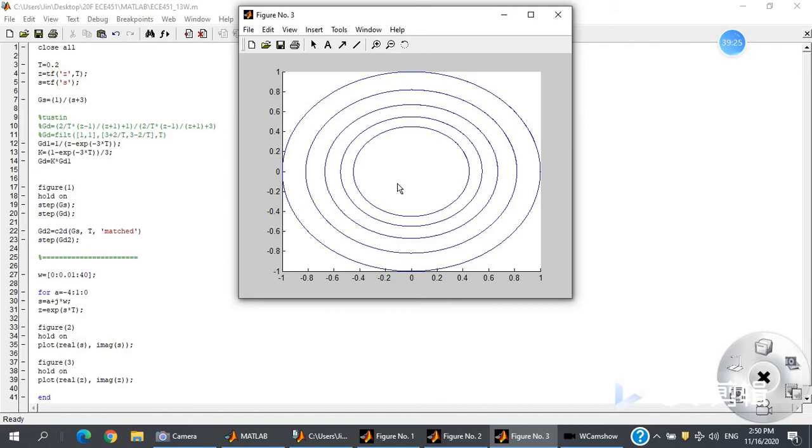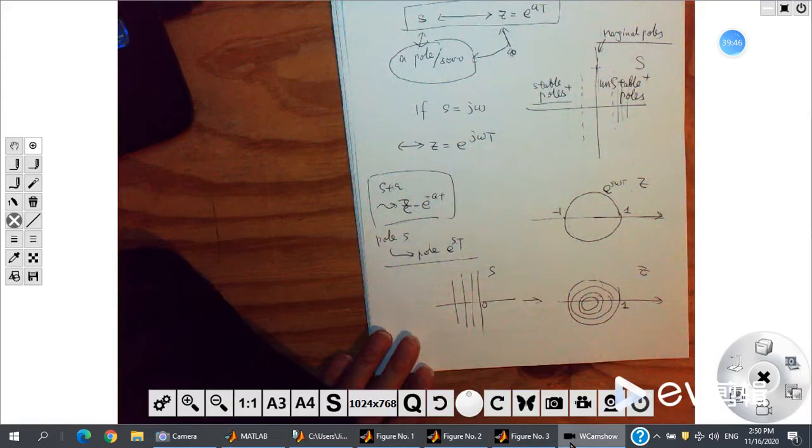This is the S-plane. Then go to here, the Z-plane. It will look like this. Here's a 1. Here's a 0. Yeah, like this. Oh no, need to show it. Yeah, things like this.